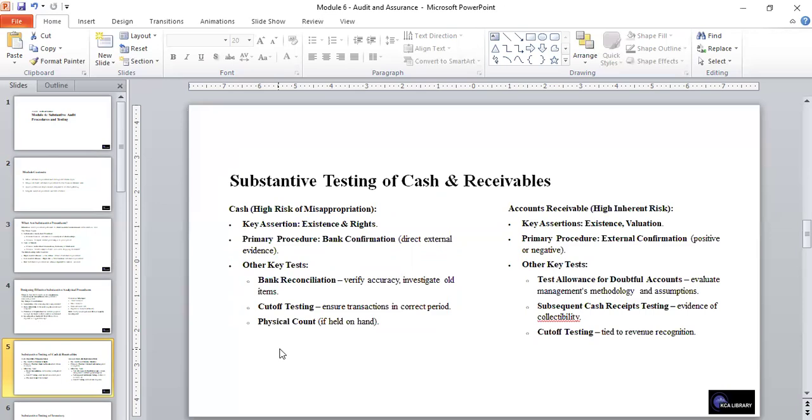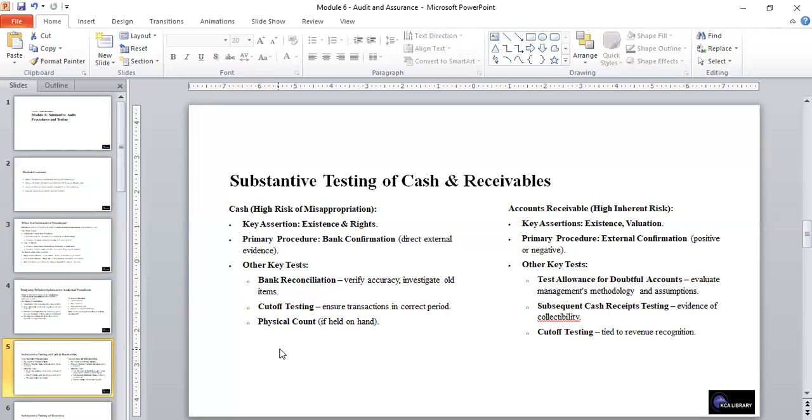Other key tests include bank reconciliation, verifying accuracy and investigating old items. Another is cut-off testing, which ensures transactions are in the correct period. And the last one under this is the physical count, if there is cash held on hand.